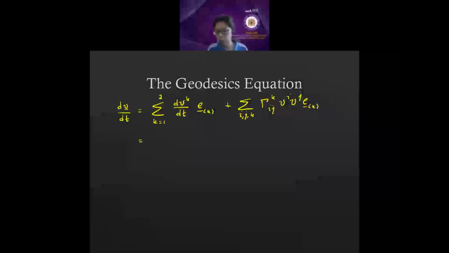The reason I changed the dummy indices in the first term is so that the basis vectors are now labeled by the letter k. So what I can do now is take e_k outside the summation involving k.